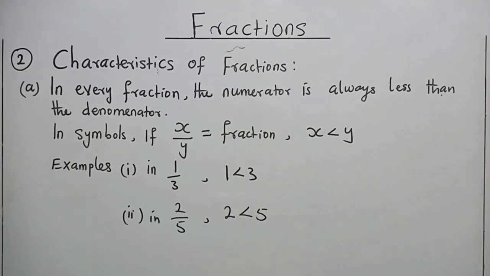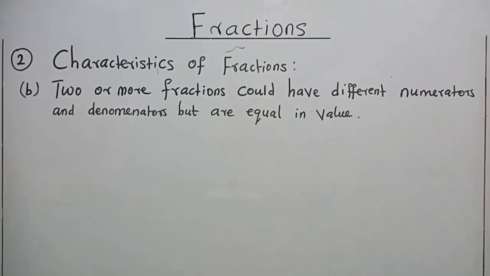Let us see another property of fractions. And here is the second property or characteristic of fractions. It says 2 or more fractions could have different numerators and denominators, but are equal in value. When two things are equal in value, it means that they have just the same use.